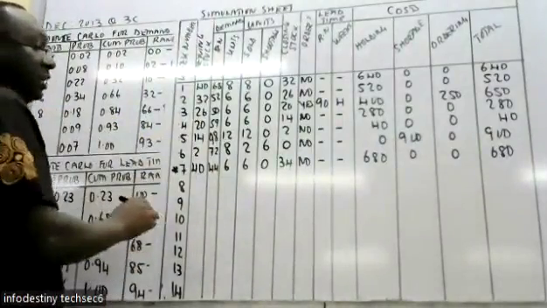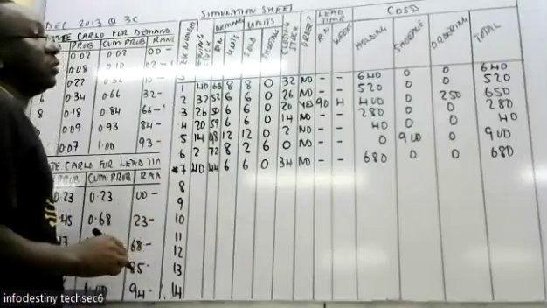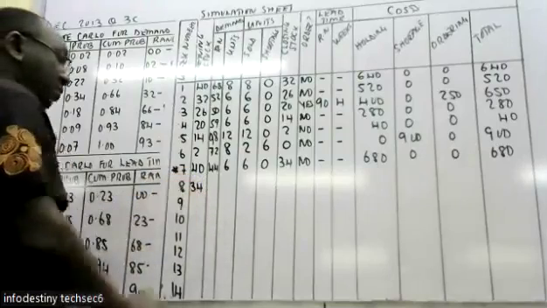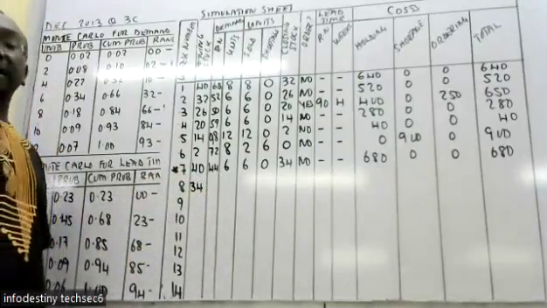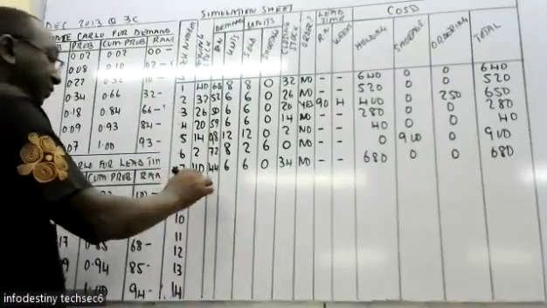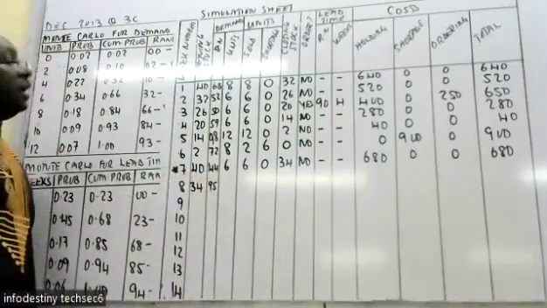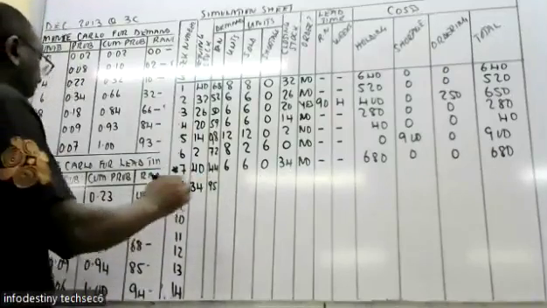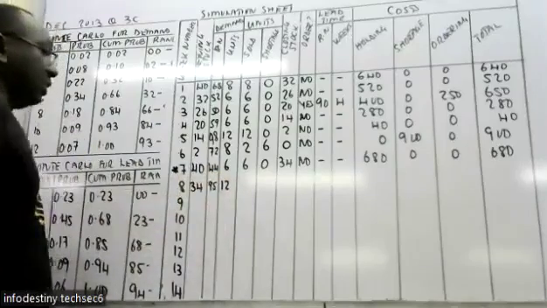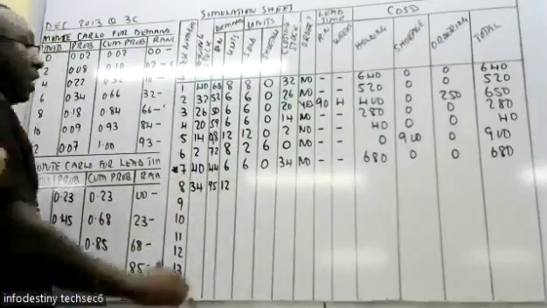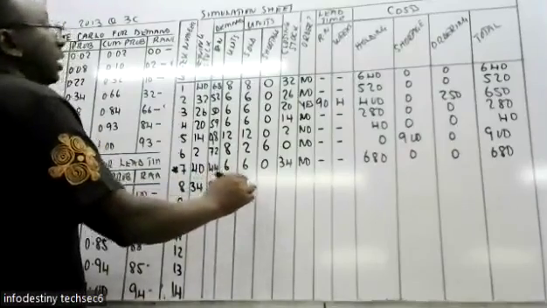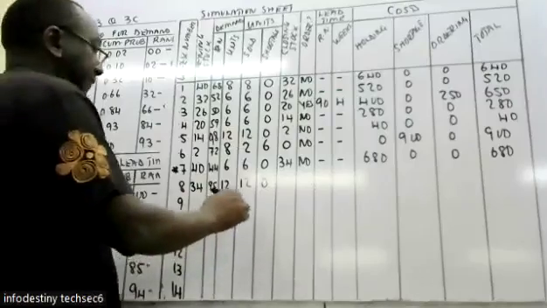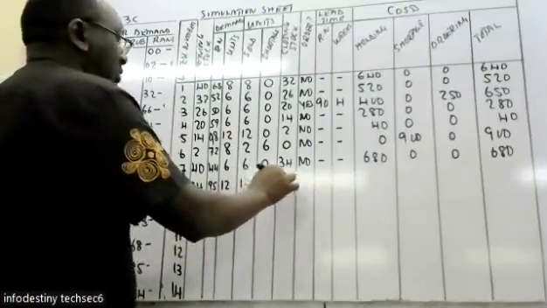Then week 8. We open with 34. Random number is 95. Those units will be how many? 12. So with 12, we are able to sell all. And there is no shortage. So the closing stock is what? 22.